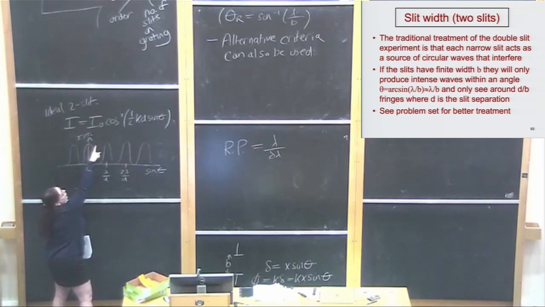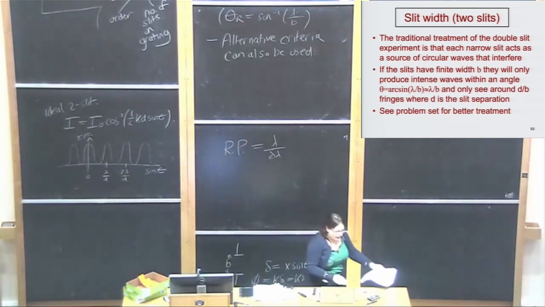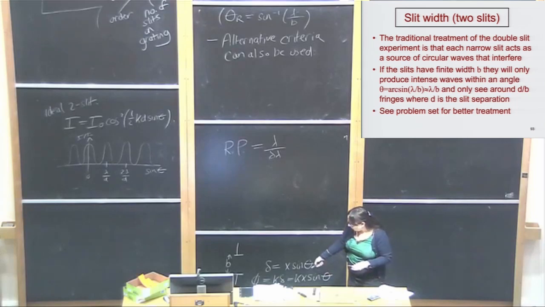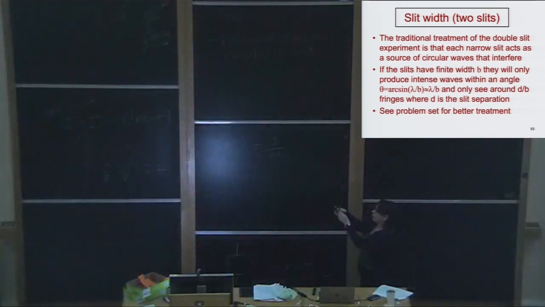There's nothing in that expression that suggests anything other than that this is just a cos squared, everything of the same height. And yet, when I showed you what it really looks like, we saw something a little bit different. You can see it feels like it's looking a lot like the single slit.